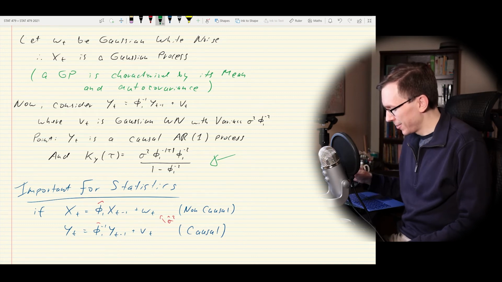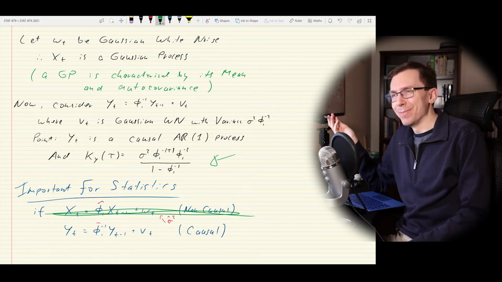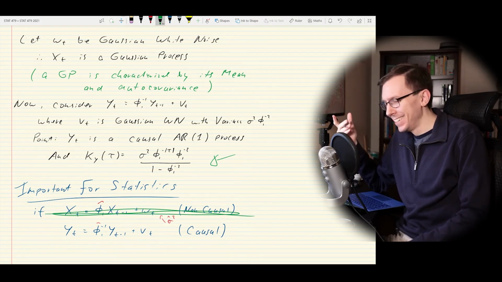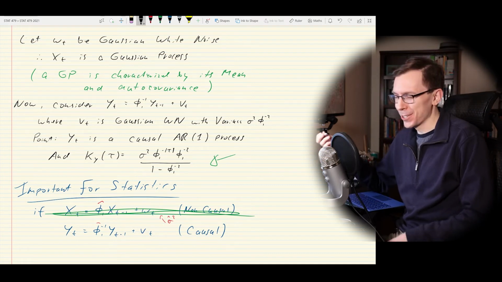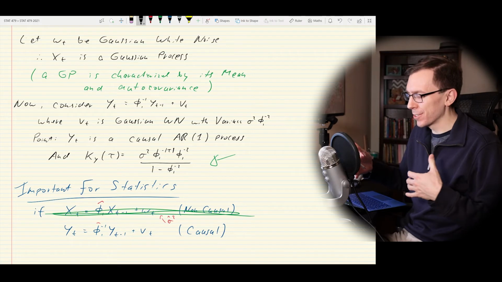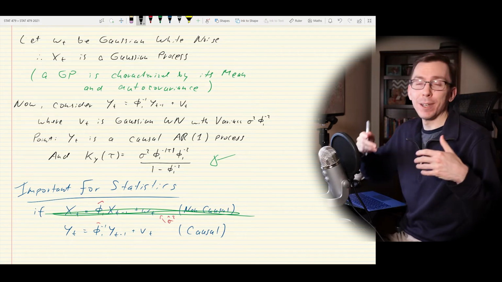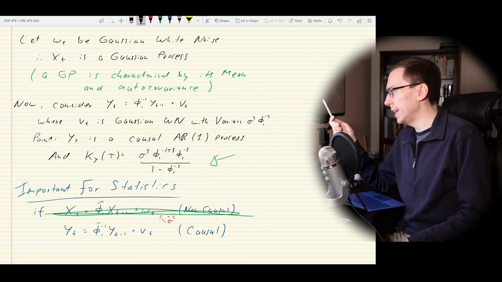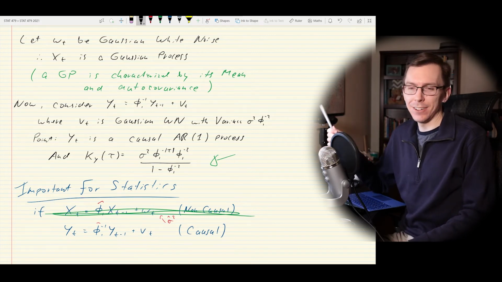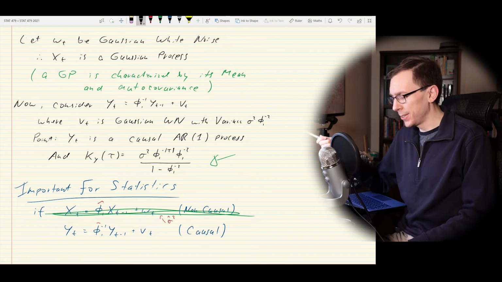We cross out the non-causal one and we say, you know what? We live in a causal world, at least as far as we can tell. So we typically want the past to predict the future. So when we try to do estimation for an autoregressive process, we only estimate causal models, or in the case of the random walk, we may get a non-stationary model.